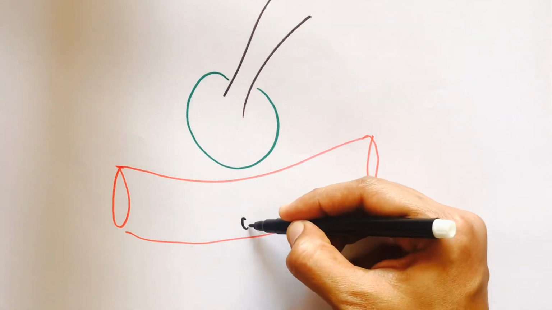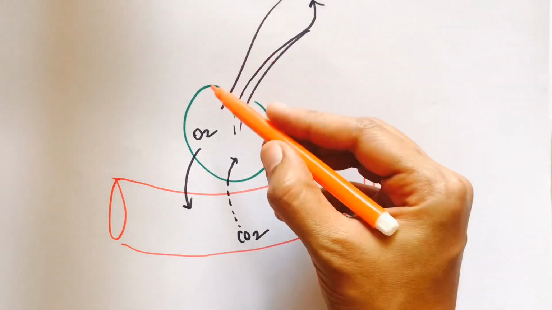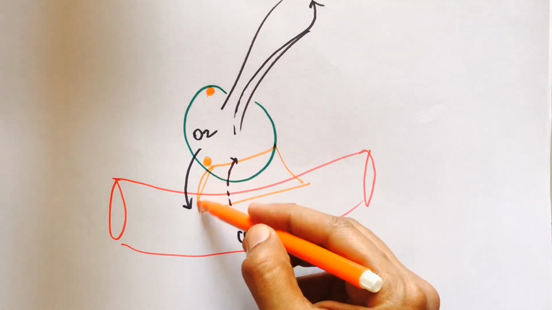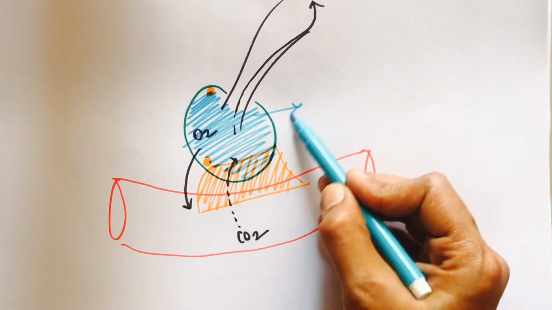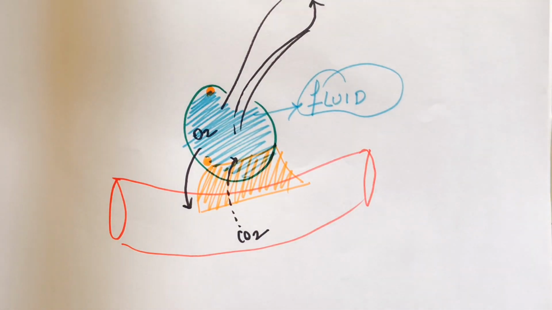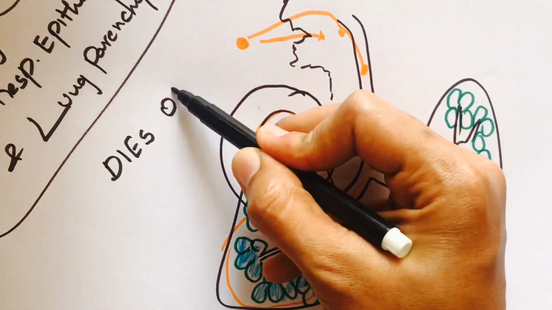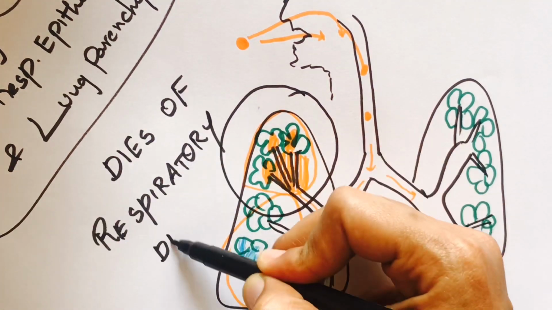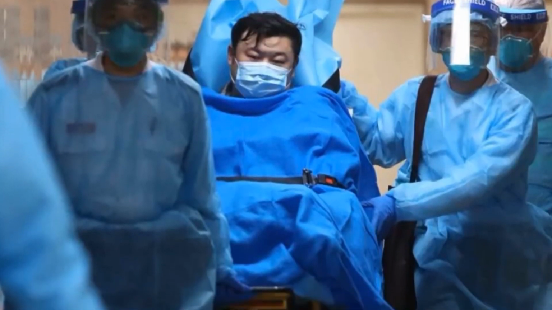So here is the barrier membrane between the alveoli and the capillaries. There is exchange of gases. This virus disrupts the normal function, which results in the accumulation of fluid in the alveolar sac, and the patients die of respiratory distress.